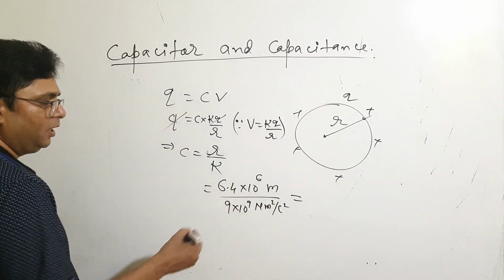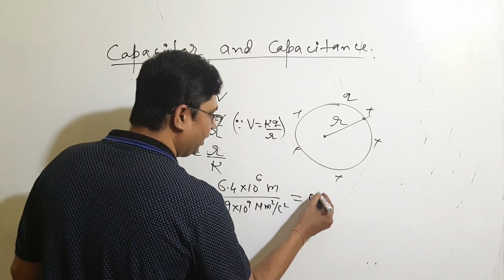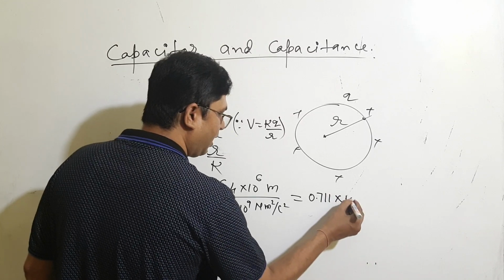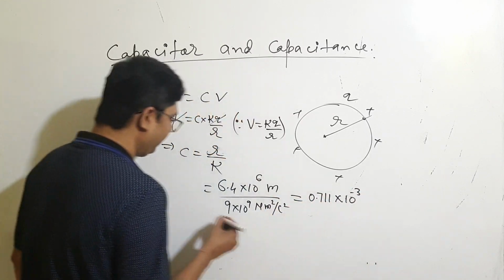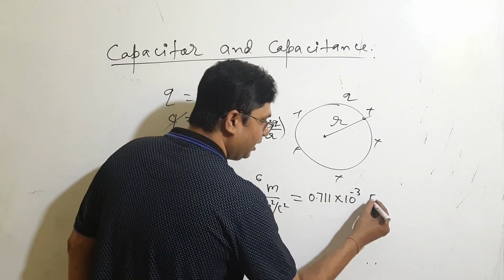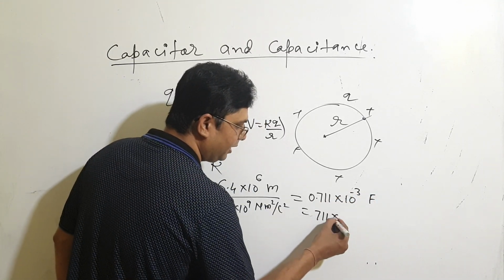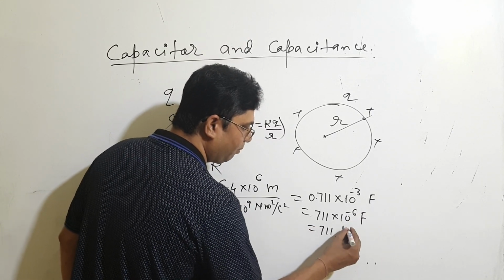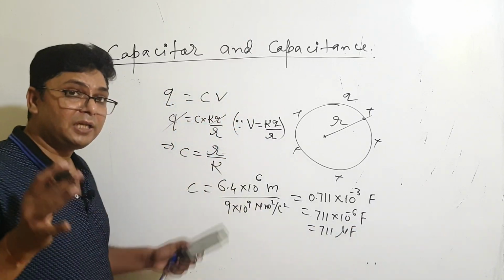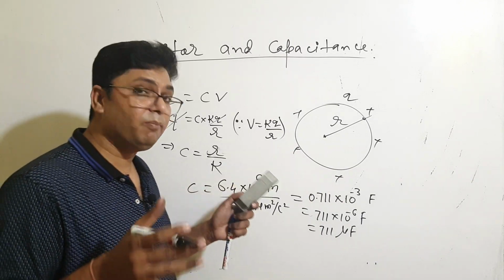When you divide it, you get 0.711 into 10 to the power minus 3 farad, which can be written as 711 into 10 to the power minus 6 farad. So this is 711 microfarad. Thus, capacitance of our earth is 711 microfarad.